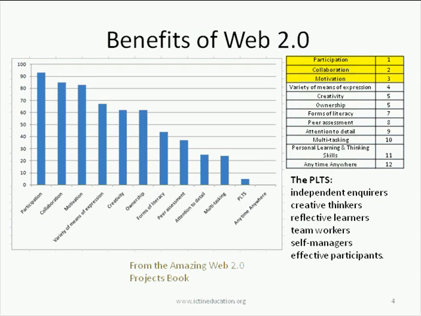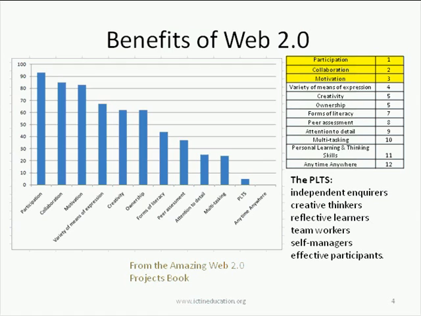And the really useful thing there is, let me just draw your attention to one of the bits at the end, which is PLTS. And that didn't get a very high rating. PLTS means personal learning and thinking skills. And I think probably it didn't get a high rating because when I asked people about it, the contributors are all from different countries.